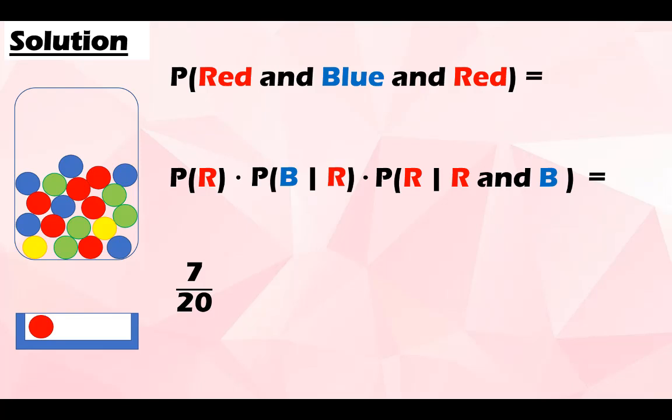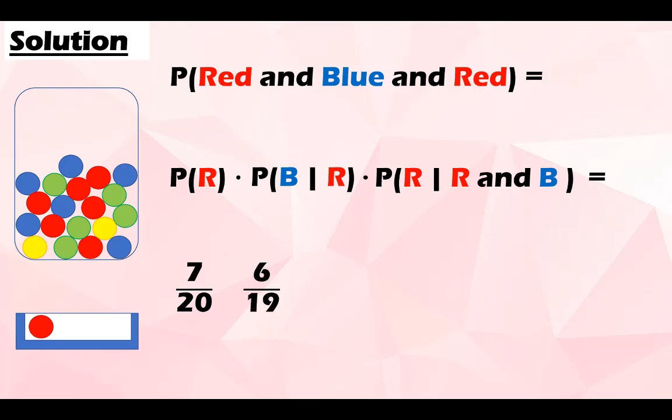There are no longer 20 marbles in the jar because we pulled out the red one. And that means there's only 19 marbles left to choose from. Of those 19 marbles, 6 of them are blue. So the probability of choosing a blue, given that we've already taken a red one out, is 6 out of 19.